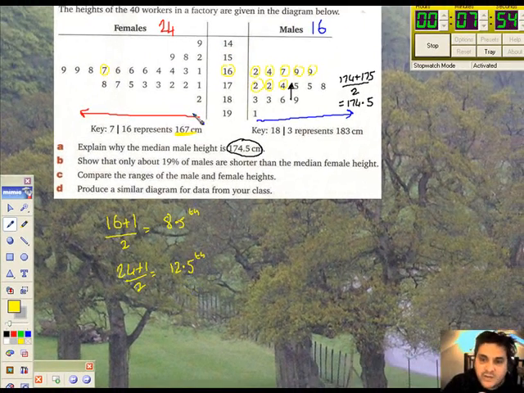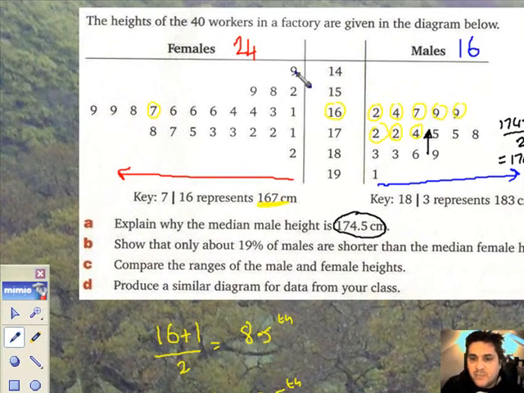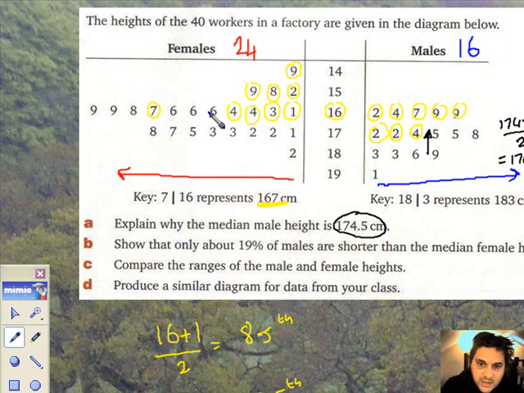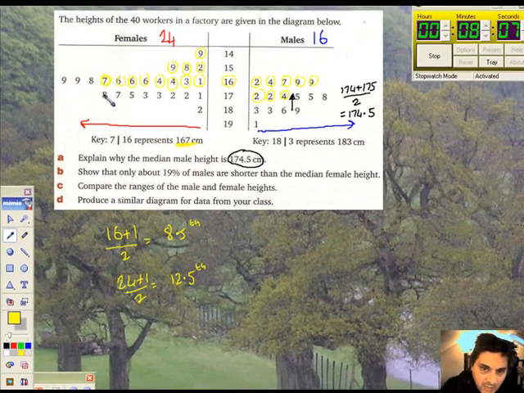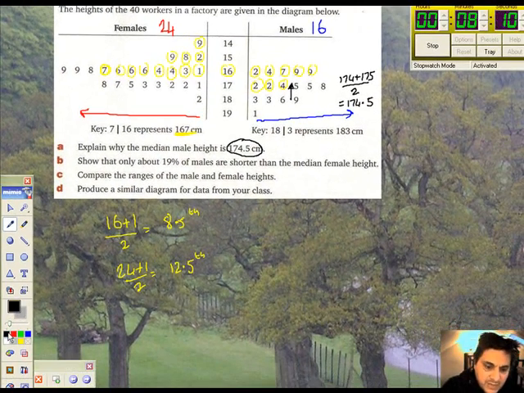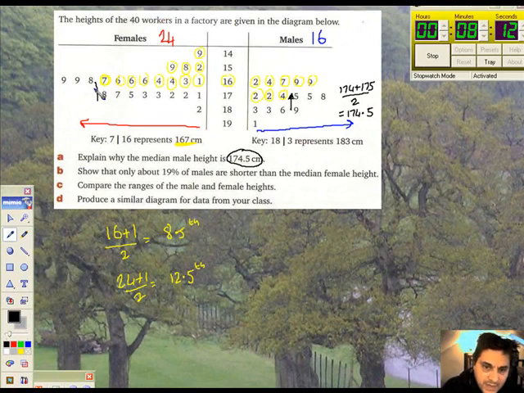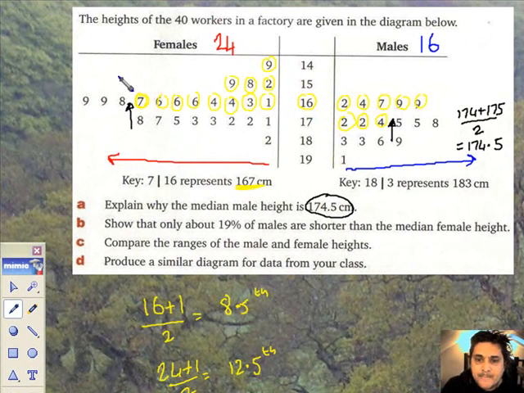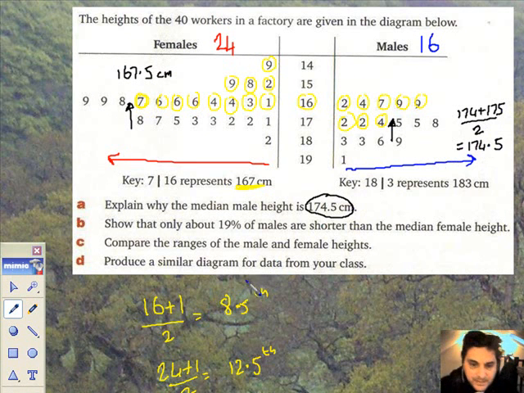Starting from the bottom, 1, 2, 3, 4, 5, 6, 7, 8, 9, 10, 11, and 12. So female number 12.5 is right there between the 12th and the 13th, and her height is going to be 167.5 centimetres, in exactly the same way I calculated the males.